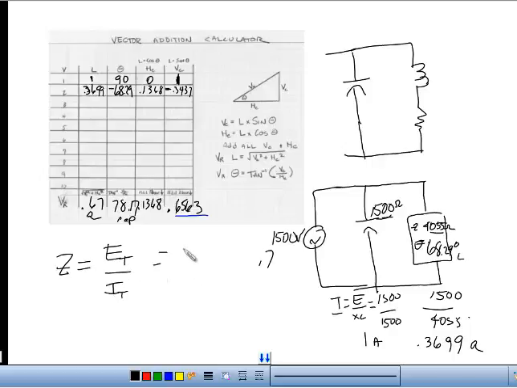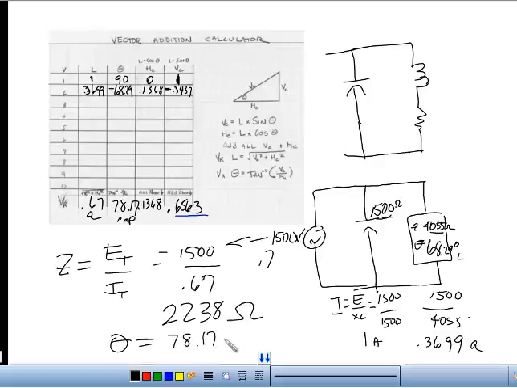It's going to be 1500, what we assumed, right? So here's where it comes back out of the equation. We don't have to worry about it anymore. And divided by 0.67. So 1500 divided by 0.67 equals 2238 ohms. The phase angle is 78.17. It's capacitive.